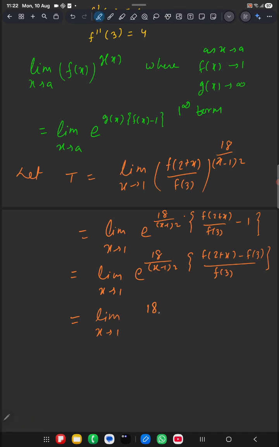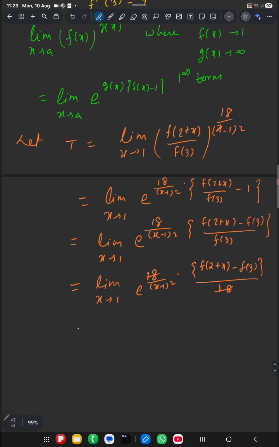So e raised to the power 18 upon (x minus 1) square into (f of 2 plus x minus f of 3) upon 18. This time 18 and 18 will get cancelled. So you will be left with limit x tends to 1, e raised to the power (f of 2 plus x minus f of 3) divided by (x minus 1) square.